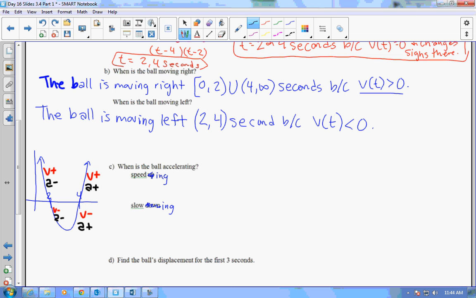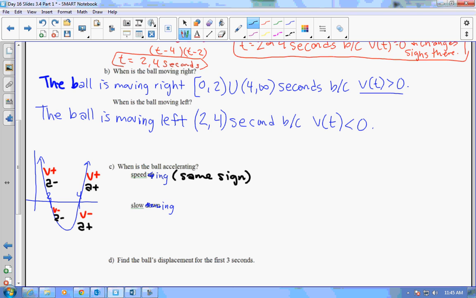So when is it speeding? If you look on your front page, remember on the very bottom of the front page, speeding happens when velocity and acceleration have the same sign.